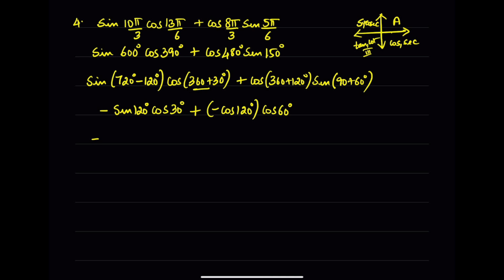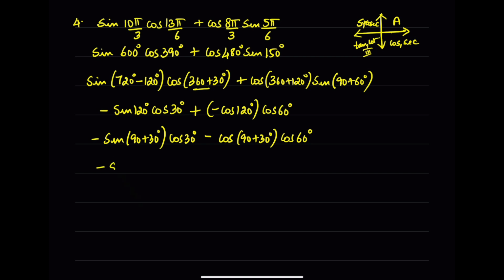Now let's further simplify this to sine of 90 plus 30 times cos 30, minus cos of 90 plus 30, and cos of 60 degrees. Okay, now let's apply the values again.